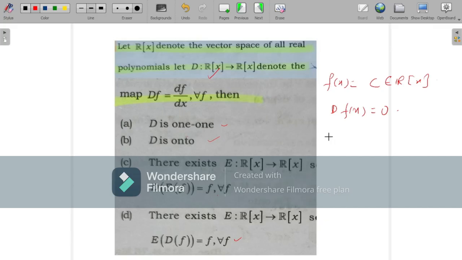This implies that all the constant polynomials f of x equal to c belong to the null space of this differential operator D. So the null space of this differential operator D is a non-zero space. So this implies that D cannot be 1-1. Alright. So the first option A is wrong.